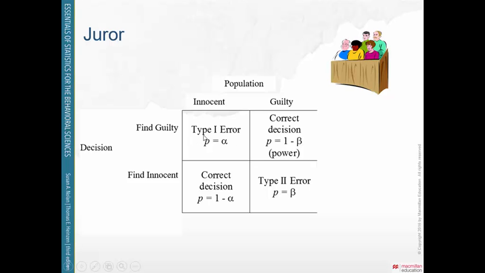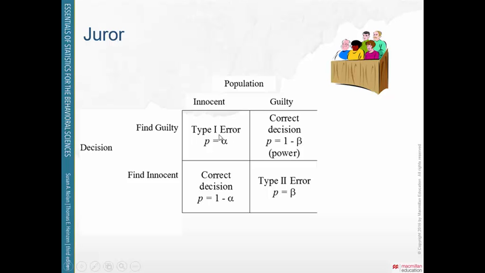A false alarm where we sent an innocent person to prison, or a type 2 error where we let a guilty person go free? Which is the worst decision to make in this case? You may have your own opinions. Our justice system is set up so that we do not want type 1 errors. We do not want to send innocent people to jail. That goes against our legal system of innocent until proven guilty.